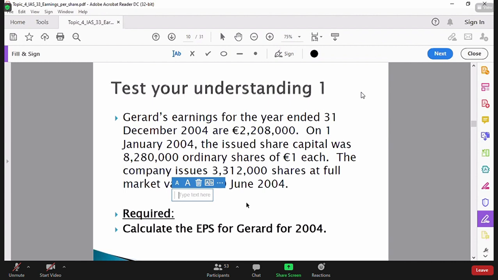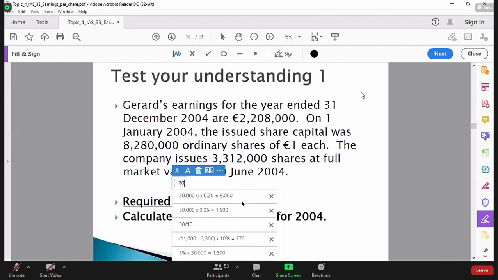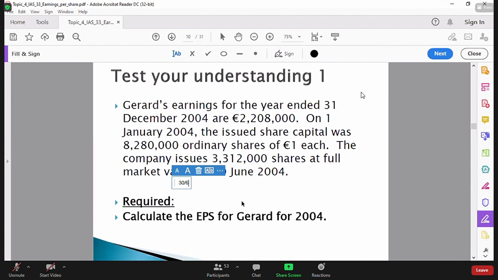Untuk weighted tu, 8,280,000 shares tu saya kali dengan 6/12, sebabnya dari 1 Januari sampai 30 Jun, share tu masih 8,280,000 lah.